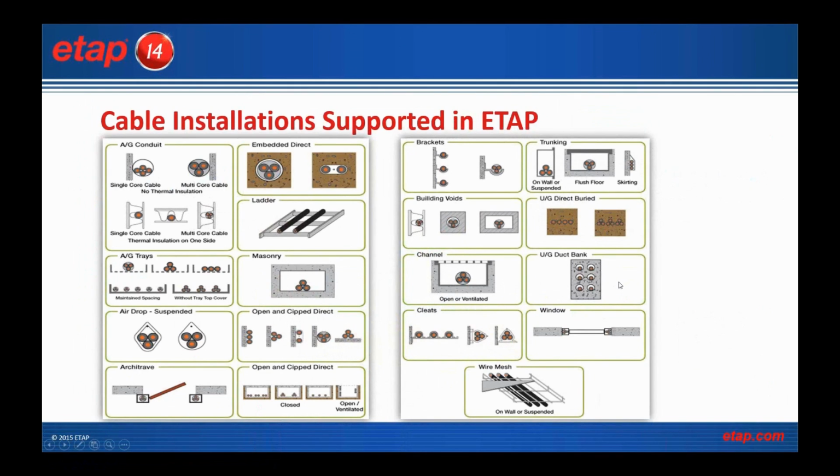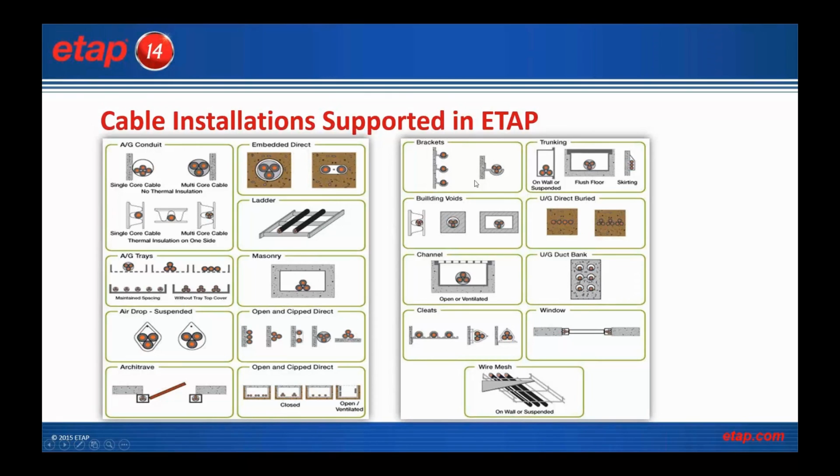The ICEA standard covers cable trays. The British standard, IEC 364, and some of the other standards, cover other types of installations, especially commercial building related standards for low voltage applications, such as building voids and brackets and so on.